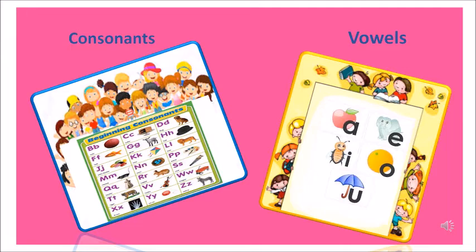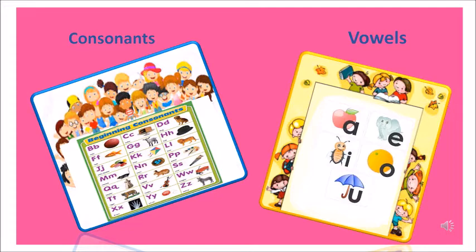B, C, D, F, G, H, J, K, L, M, N, P, Q, R, S, T, V, W, X, Y, Z. All these are consonants. Now, in the next picture you have vowels. A has been removed and placed in the vowel column. E has been removed and placed here.